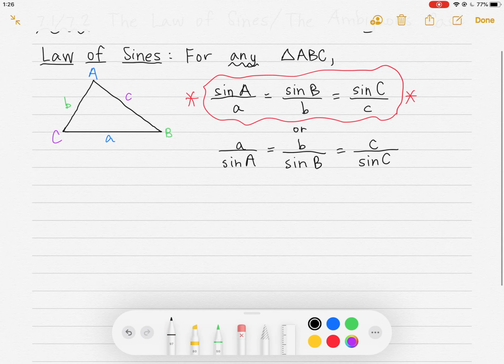So, for example, find the missing parts of triangle ABC.